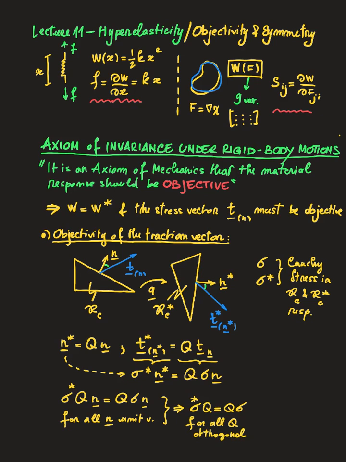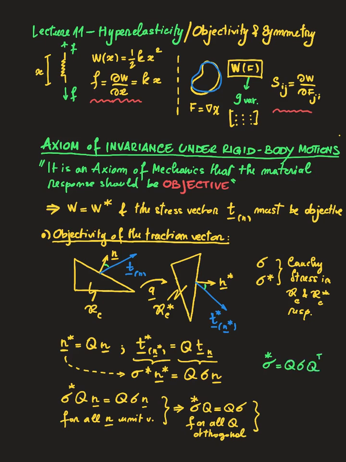Now, what does this expression mean in turn? If we multiply everything by Q transpose, since Q transpose Q is equal to the identity because this is a rotation, we finally obtain the final implication of objectivity for the traction vector: sigma star is equal to Q sigma Q transpose.